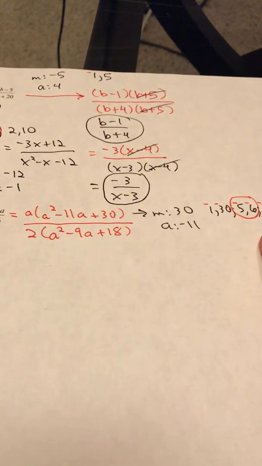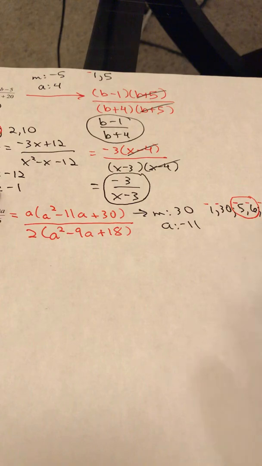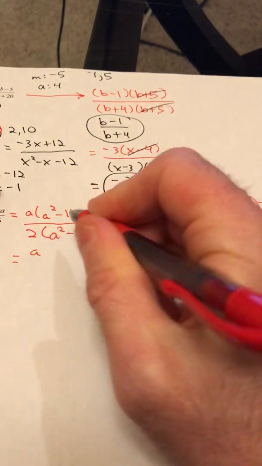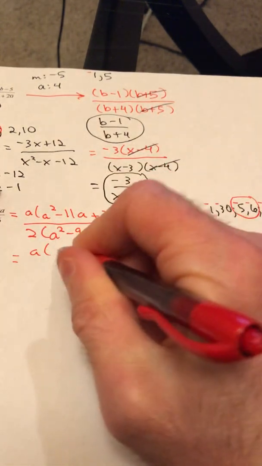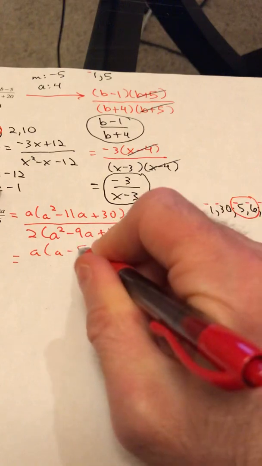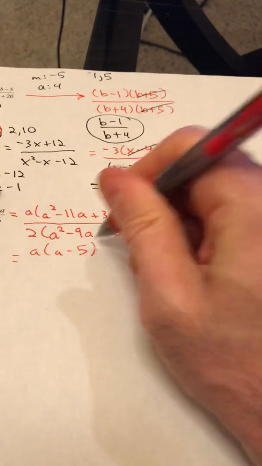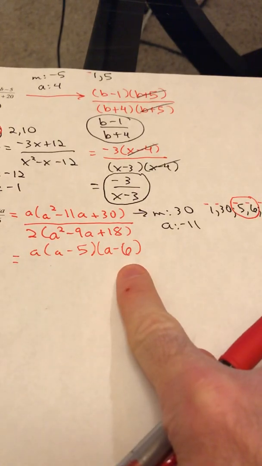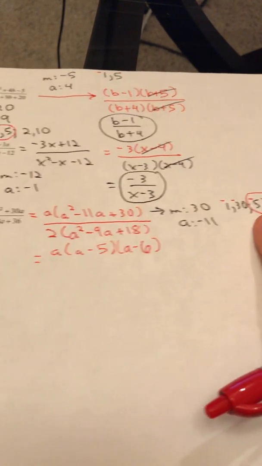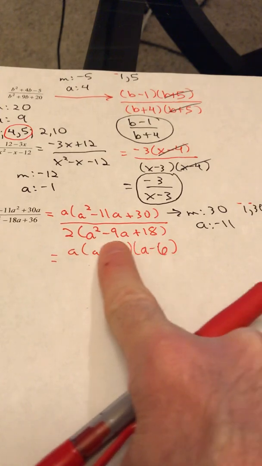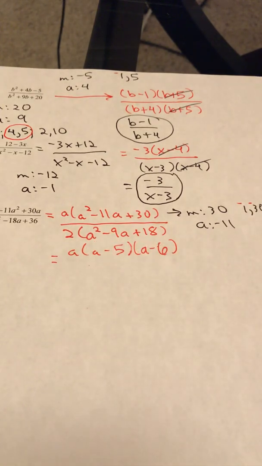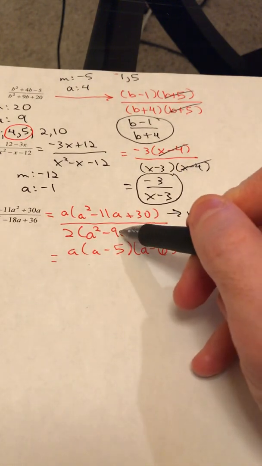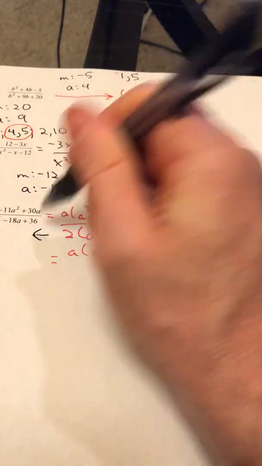So that means my numerator, which I'm going to work down the page here because I am starting to run out of space, off to the side, a minus 5 and a minus 6. Now, for the denominator factoring, what multiplies to 18 and adds to -9.